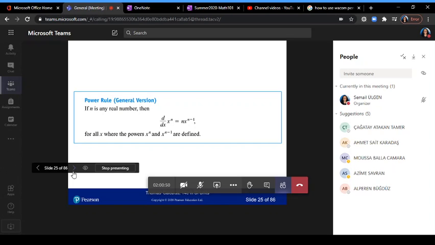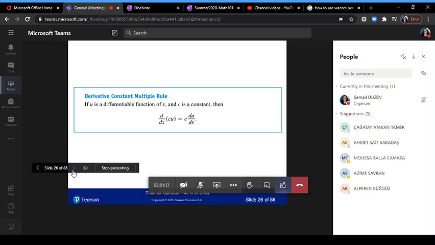The previous one is also a power rule, but it is for integers. This one is for any real n, as long as x to the n and x to the n minus 1 are defined. The derivative is going to be n times x to the n minus 1.